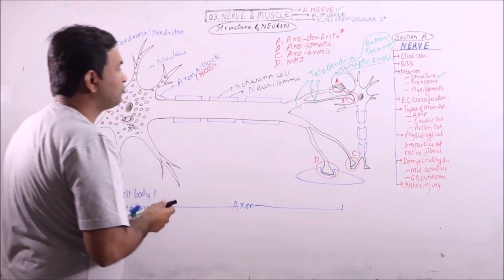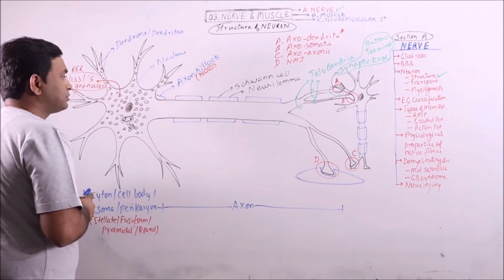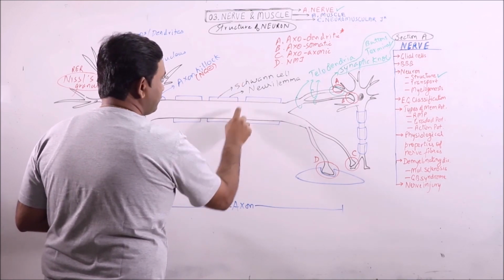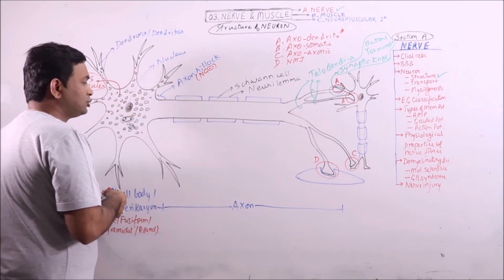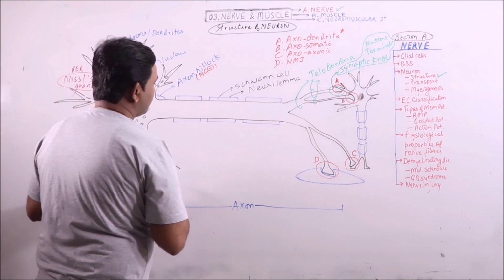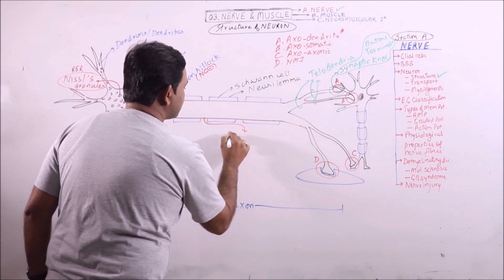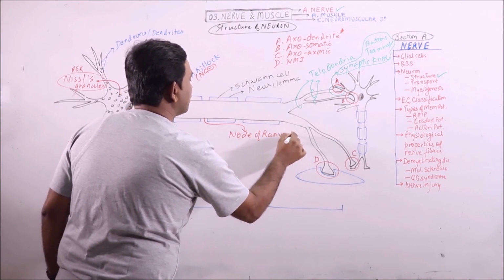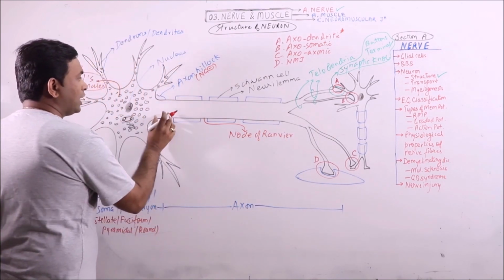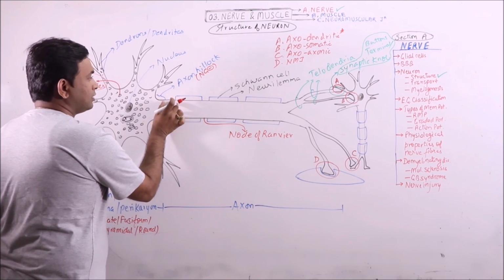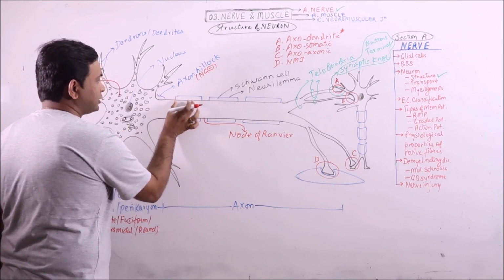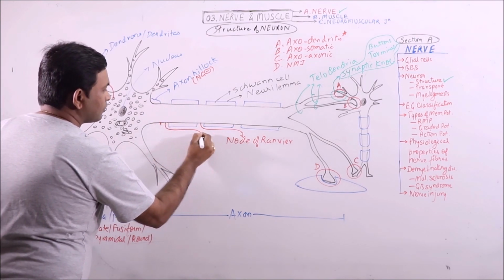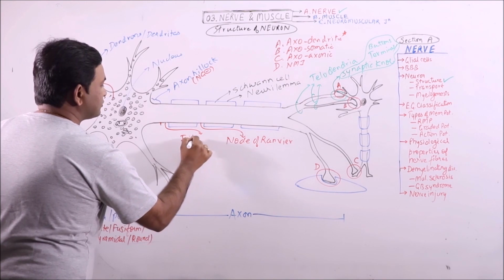It may wrap up to 50 to 100 times around the axon. And the region between the Schwann cells is known as node of Ranvier. While the part of axon between the start of myelination and the axon hillock is termed as initial segment.